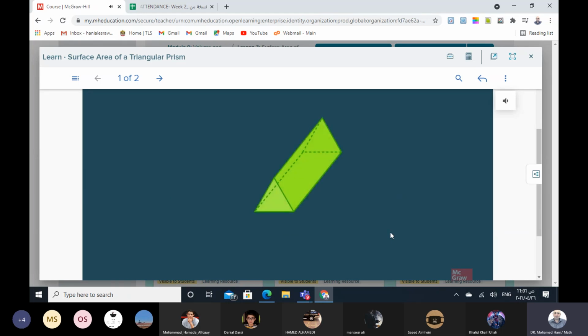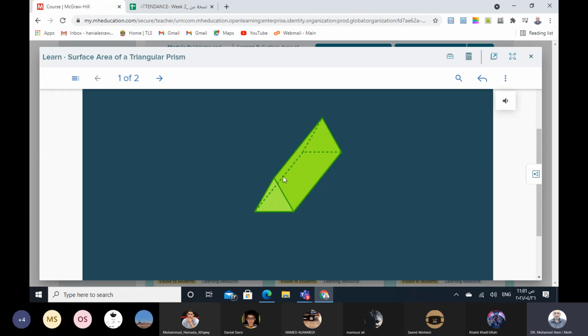The surface area of a three-dimensional figure. As you see here, we have a triangular prism. In this triangular prism, this is the base triangle, and here the opposite base triangle, and the two triangles here are congruent.